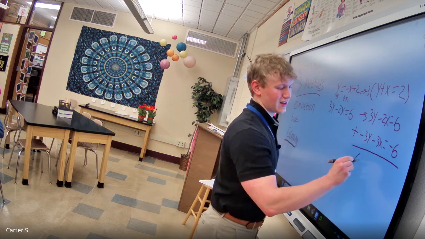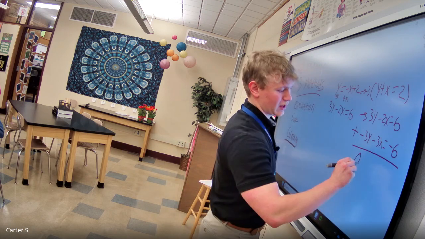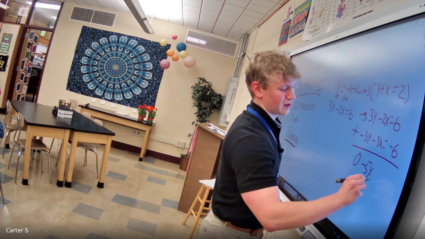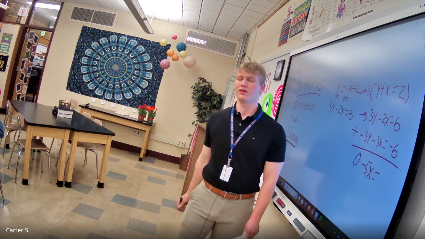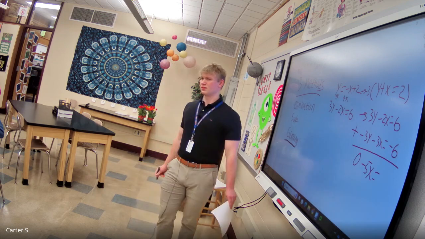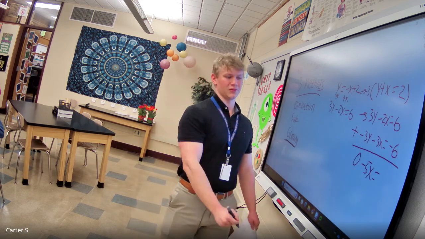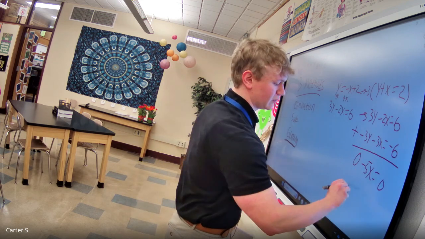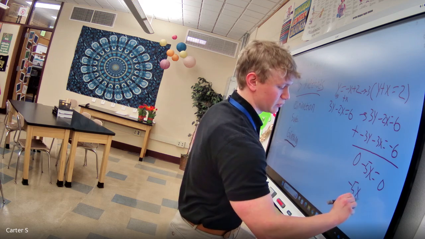Okay. -2x minus 3x is a -5x. And what is 6 plus a -6? 0, okay? So we have -5x equals 0.